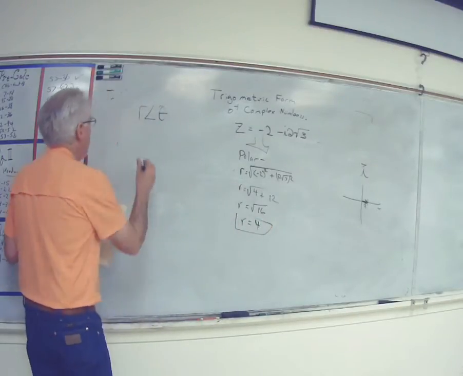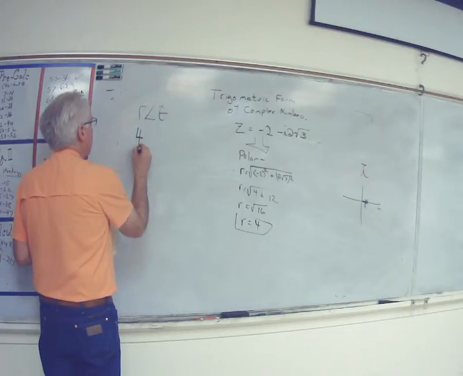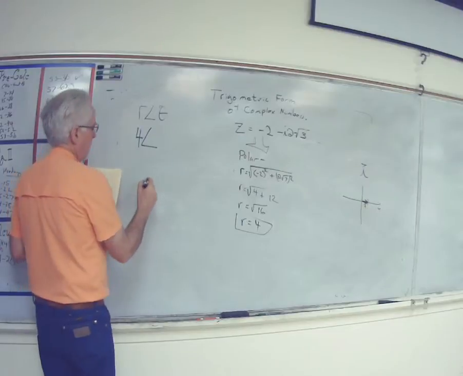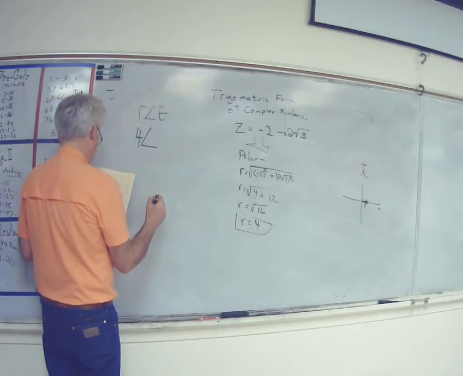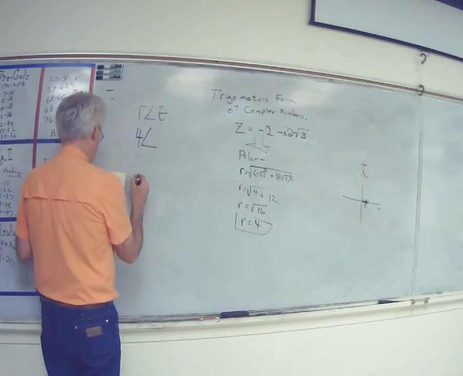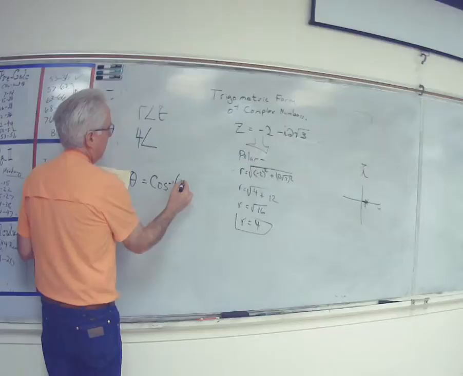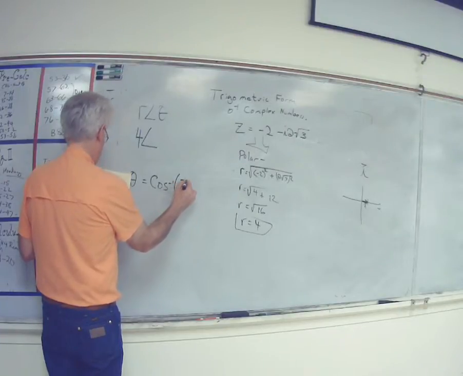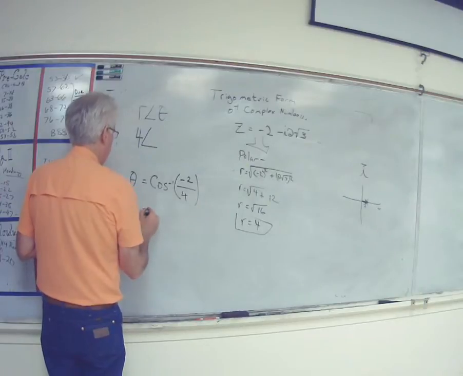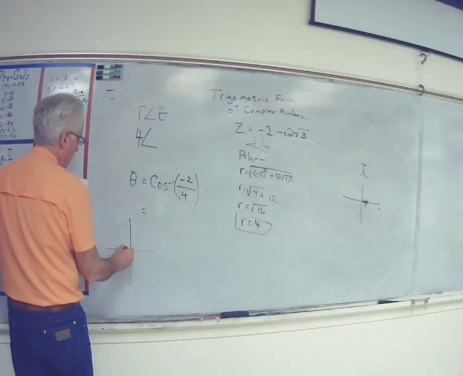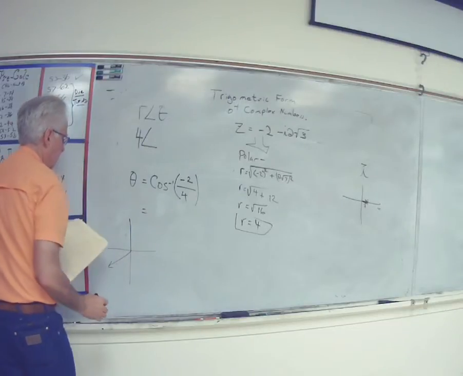Okay. Now I know that it's 4 at some angle. How do I figure the angle? Theta equals cosine inverse of A over R. And what's A? A is negative 2, over 4. Okay. And what that is equal to, you have to think about what quadrant this is in. It's down here, right?